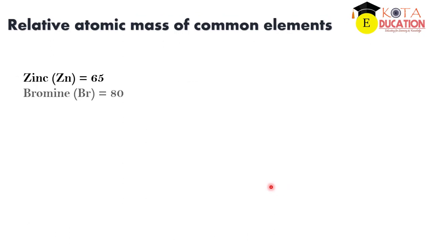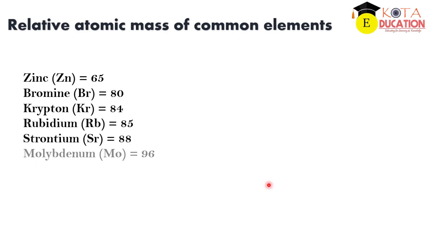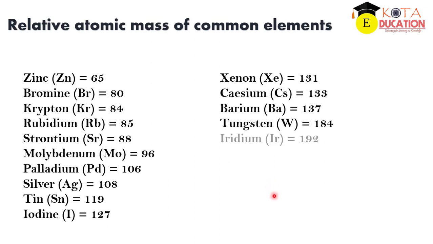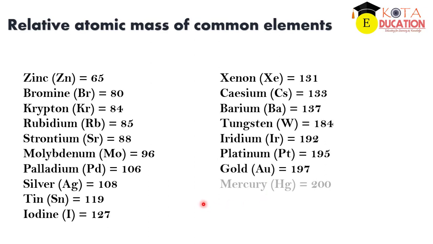So other elements: zinc 65, bromine 80, krypton 84, rubidium 85, strontium, and so on. These are certain important elements which will be useful. So most commonly silver is a favorite, zinc is more commonly used, then we have platinum, gold, mercury, lead and iodine.